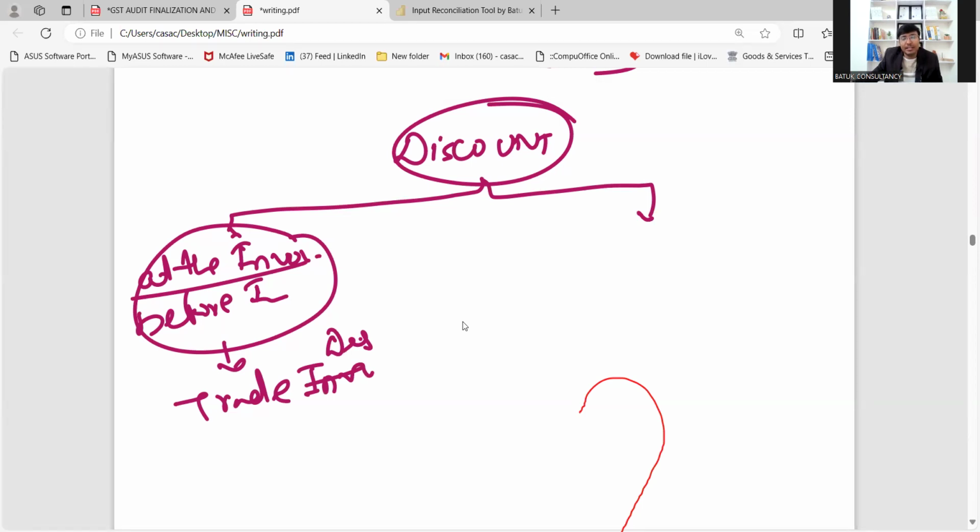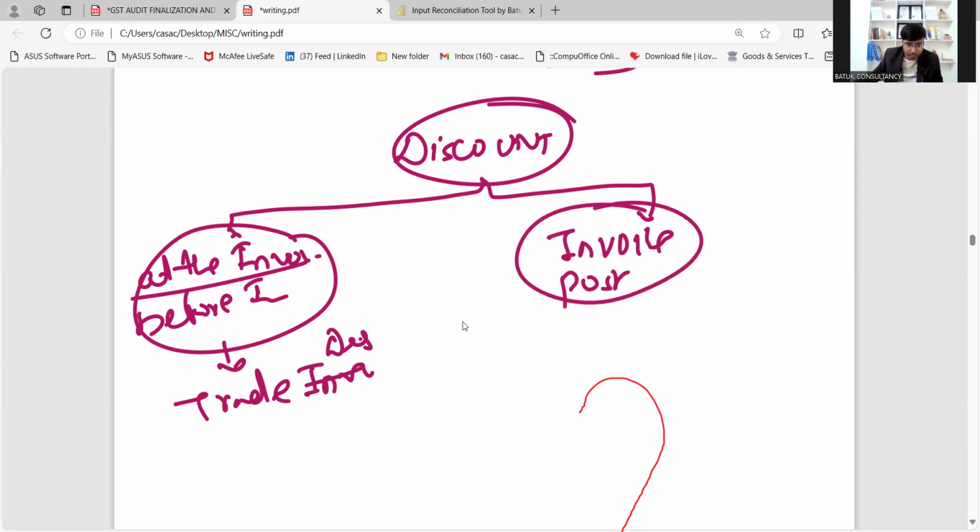And if the discount is decided after invoice, in that case that discount is to be treated as financial discount.